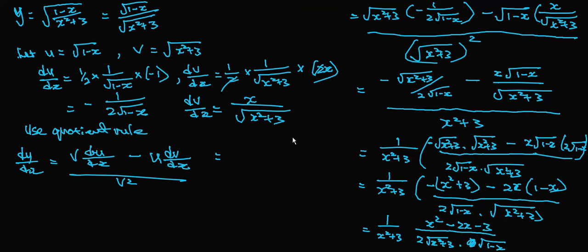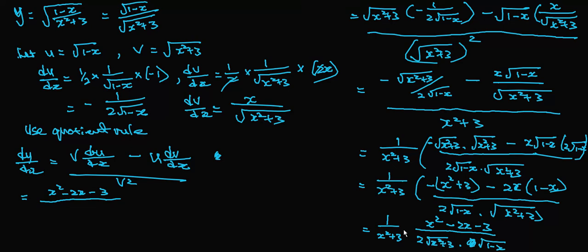Okay. Now the numerator is actually x squared minus 2x minus 3. Then the denominator is 2 square root of 1 minus x times square root of x squared plus 3.